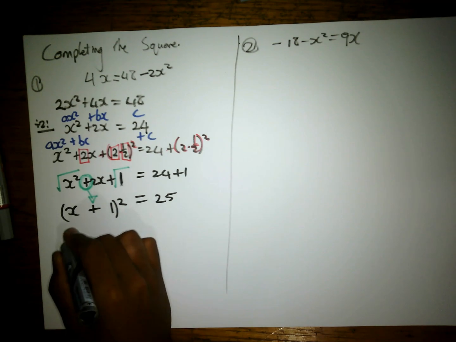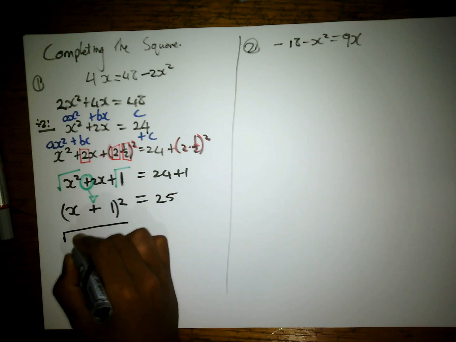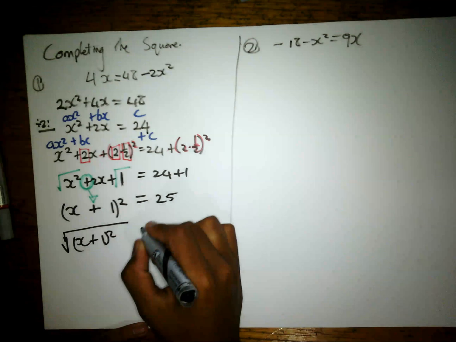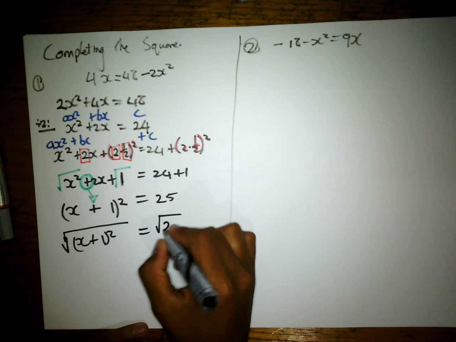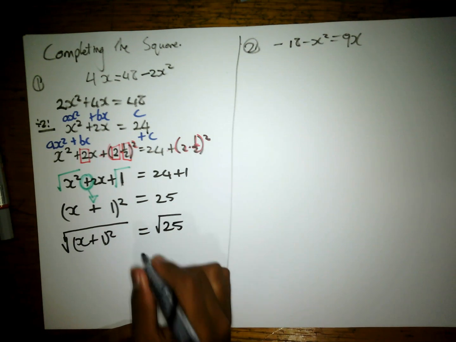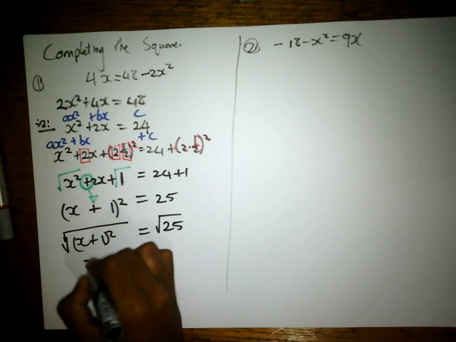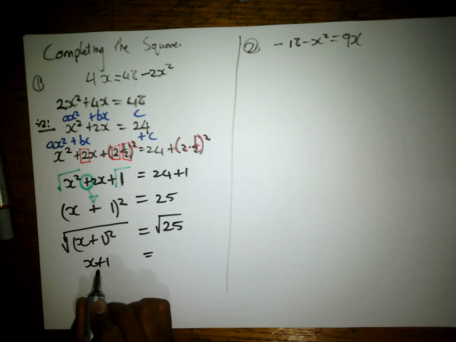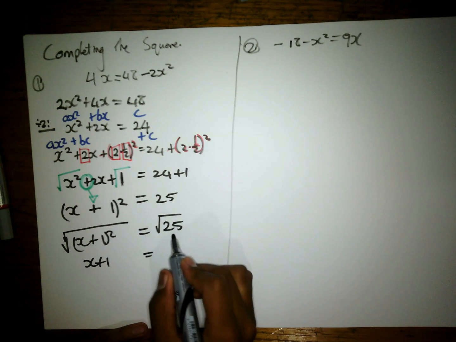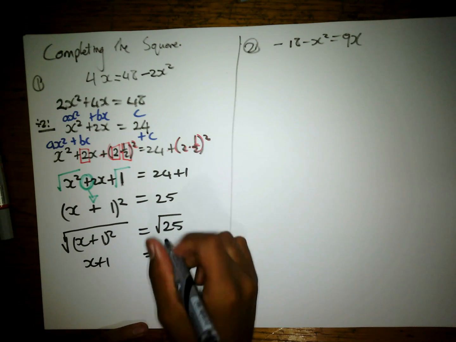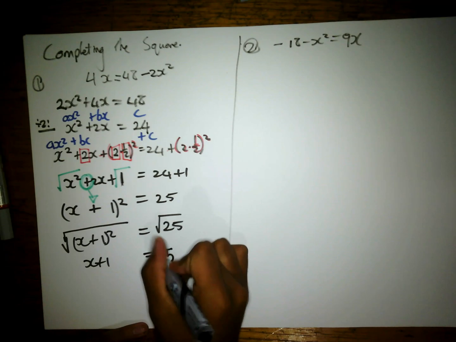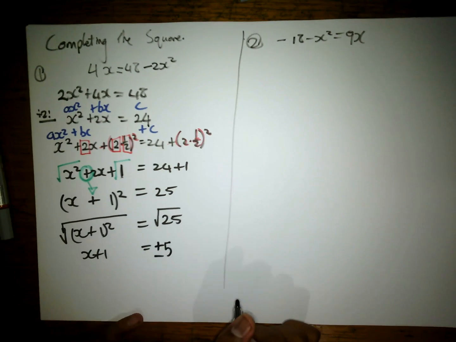So x plus 1 equals the square root of 25. The squared falls away and you're left with just x plus 1. When you square root the number, your answer is 5. But it's plus or minus, there are two answers.